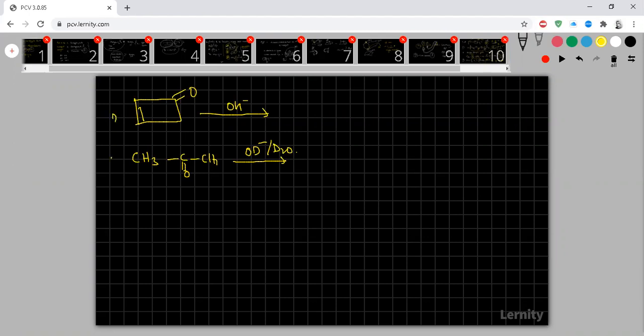This is the first question, this is the second question, and the third question is O3, and the second step is zinc, H2O. So please answer, then we will discuss the answers if you don't get them.